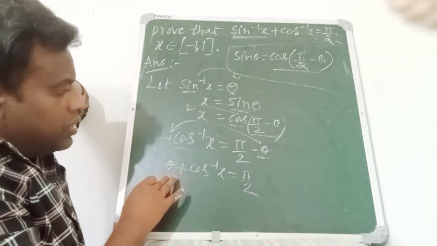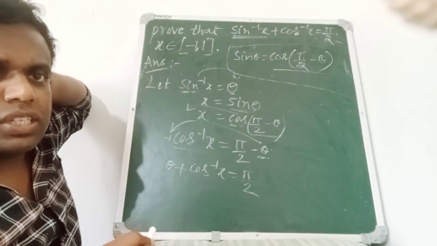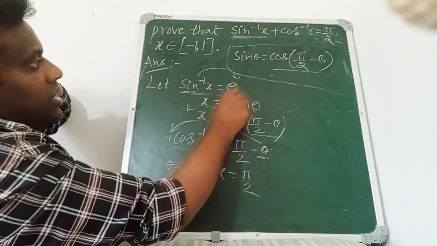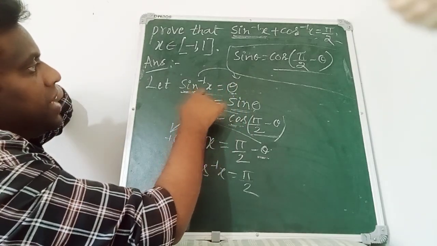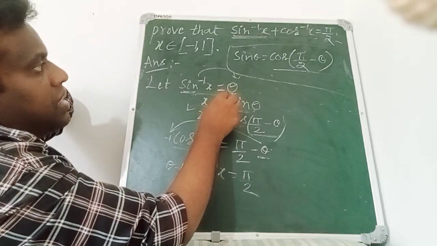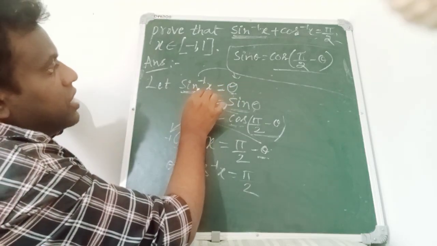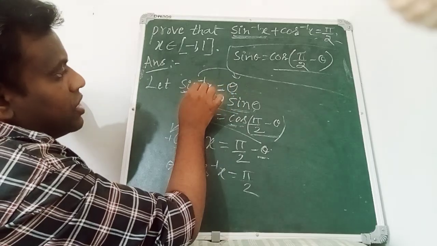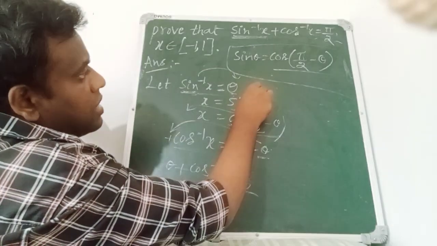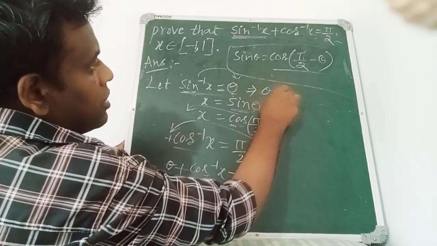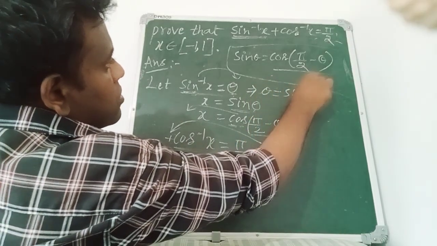Now, in place of theta, we have to substitute something. What can we substitute? See here, in the beginning, I have taken sin inverse x is equal to theta. Since the equal sign is there, we can interchange this and this. So we can write this as implies theta is equal to sin inverse of x.